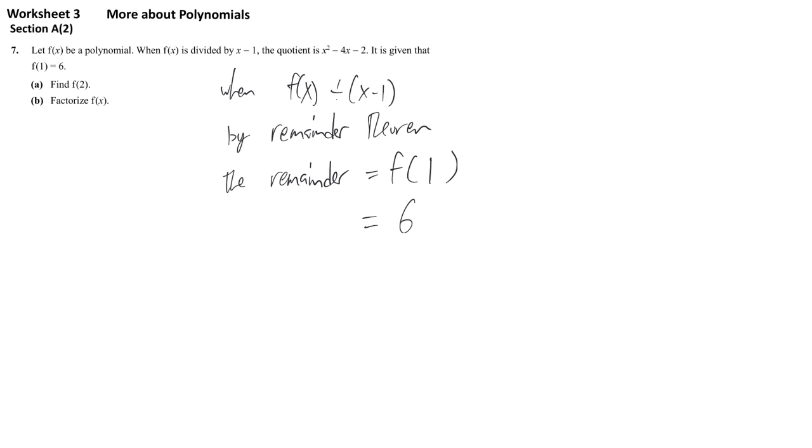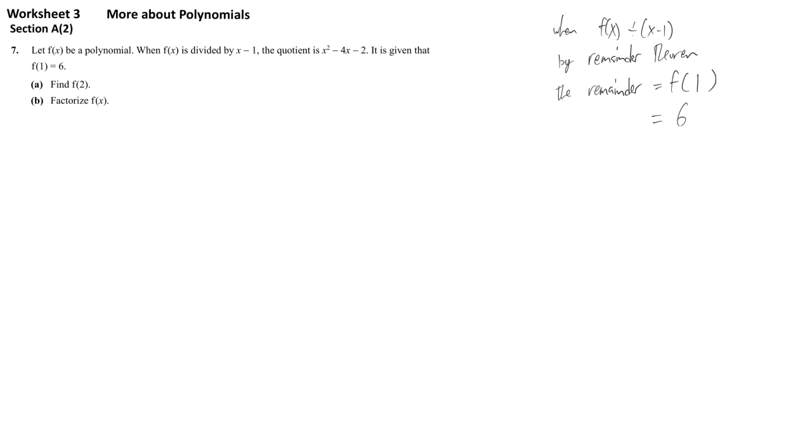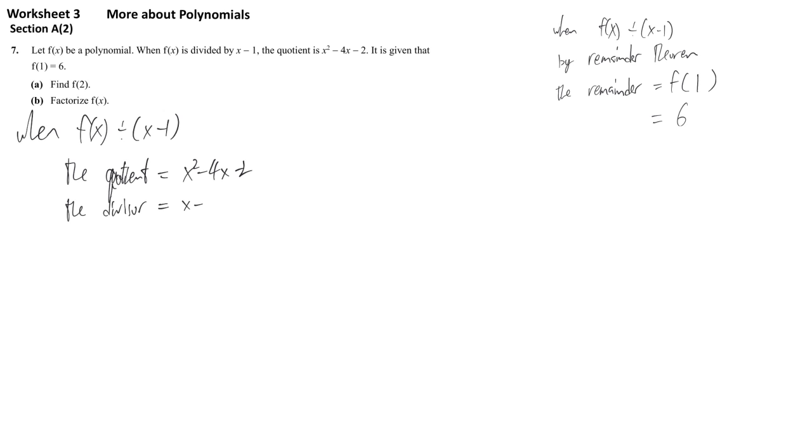To conclude this information, when f(x) is divided by x minus 1, the quotient is equal to x squared minus 4x minus 2. Divisor is equal to x minus 1.